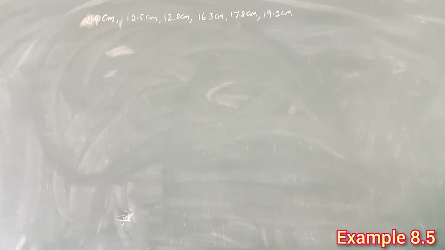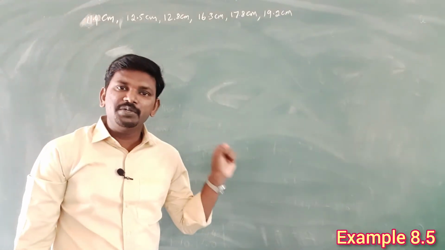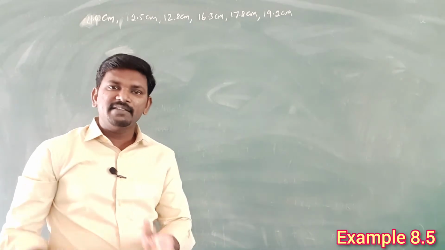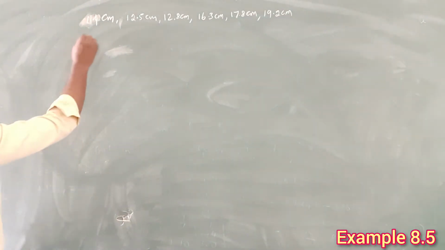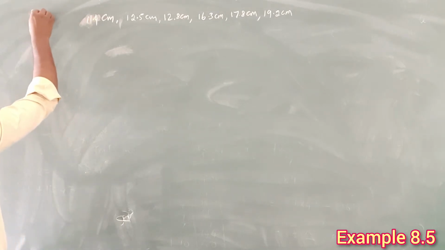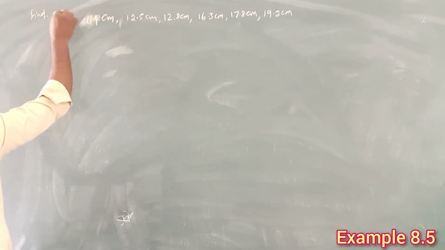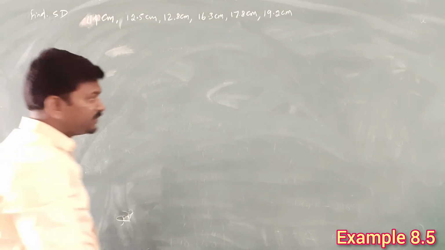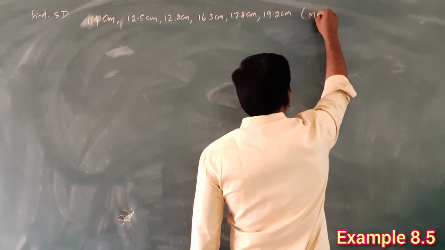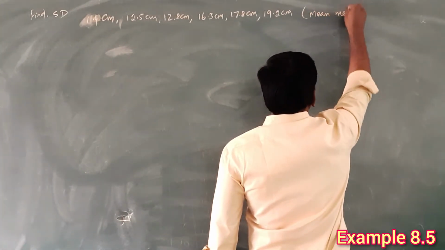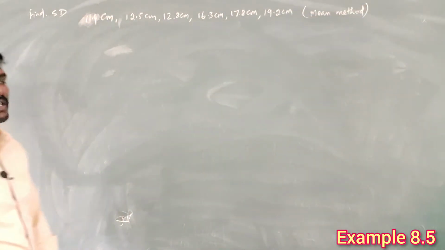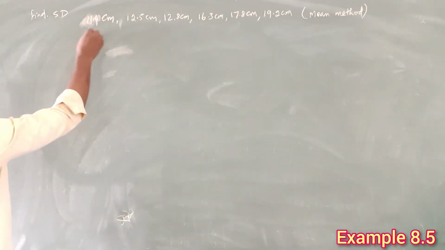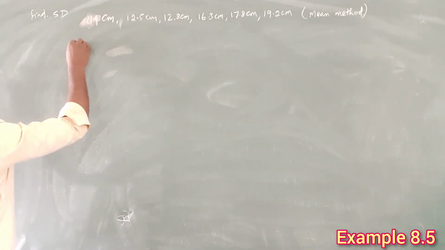The method we are going to use to find the standard deviation is the mean method, the second type. So first we find the mean of the data.